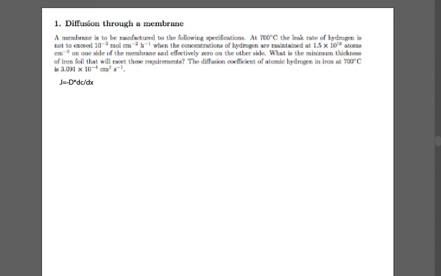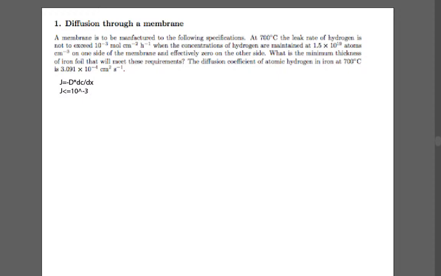First thing I realize is that the temperature doesn't change. And then for the J, we want the J here to be 10 to the power of negative 3. It's not to exceed, so you could write it like that: J is less than or equal to 10 to the power of negative 3 mole centimeter squared hours.